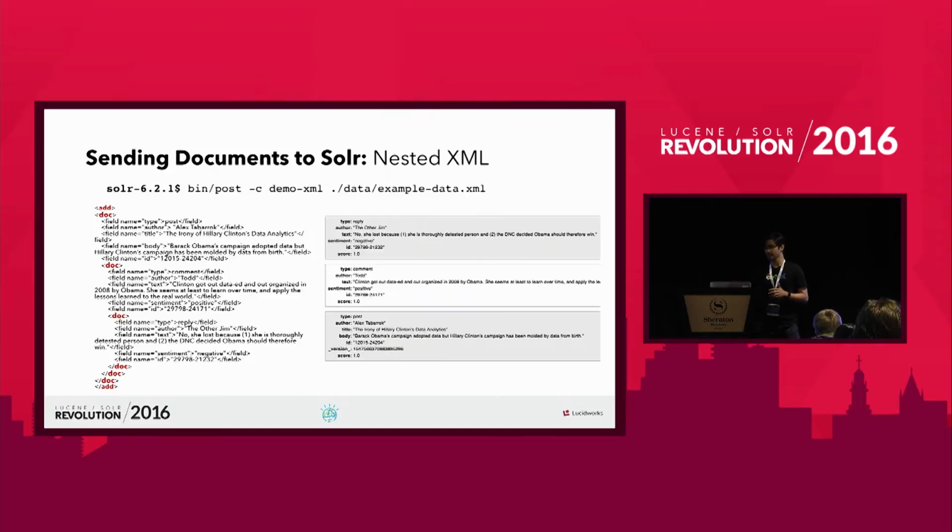So if you look at XMLs, if you look at the format there, you've got the doc tags, and then you can nest them using more doc tags, and you can push this data into Solr, and this would get indexed. One thing to note here, though, is if there was any pre-processing that was required, that would be your responsibility here.